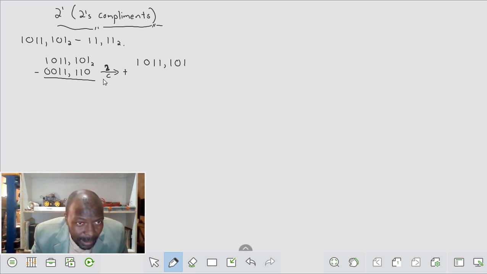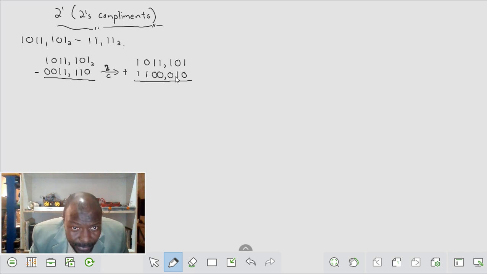The number stays the same from the least significant up to the first one. Then you do 1's complement of the rest. That becomes a 0. Again, just a reminder, the comma stays in the same position.